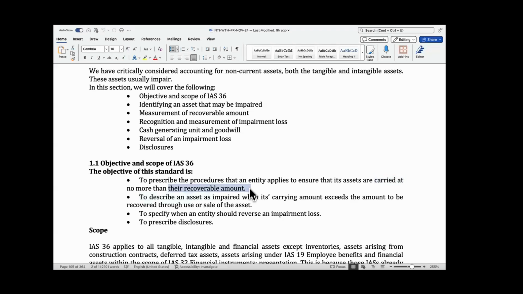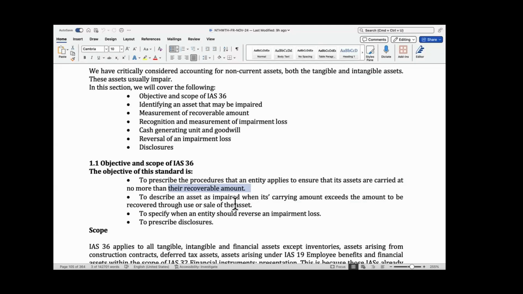That's the first thing we will learn here. That the assets you have in your books, their value should never be higher than their recoverable amount. We're going to decipher that very soon.